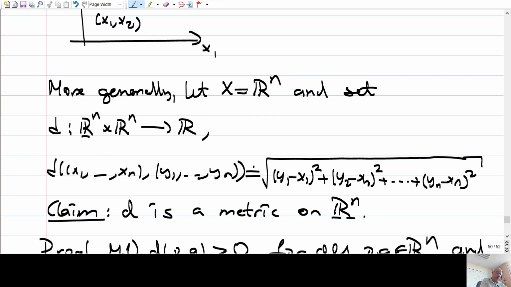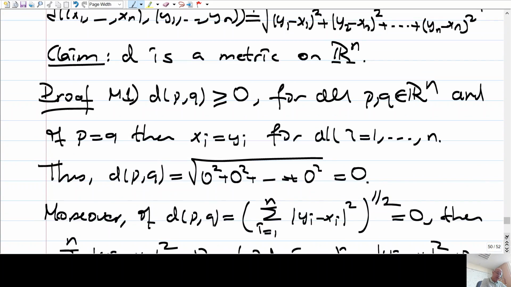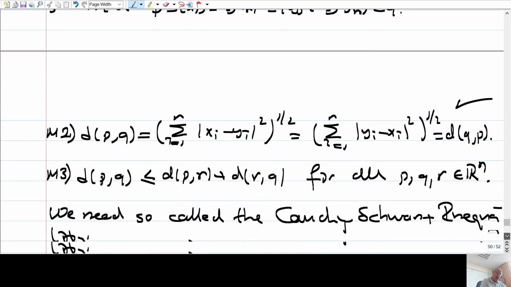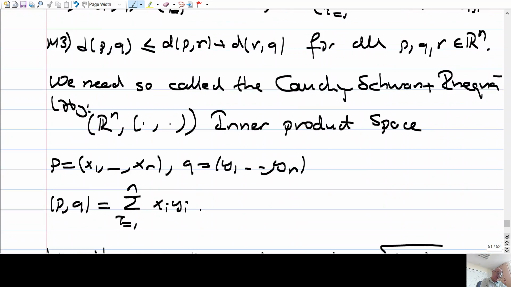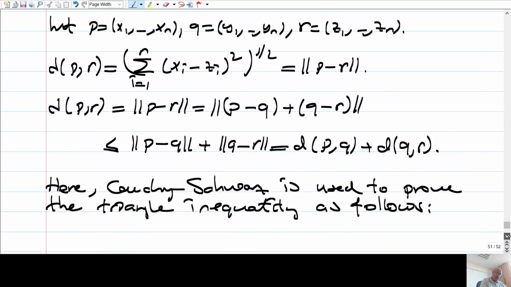The standard metric is given like this. We checked the three axioms M1, M2, and M3. For M3 we need to work a little bit, because to show the triangle inequality you need the Cauchy-Schwarz inequality from either advanced calculus or linear algebra. We did this.